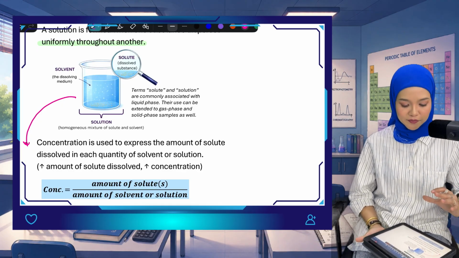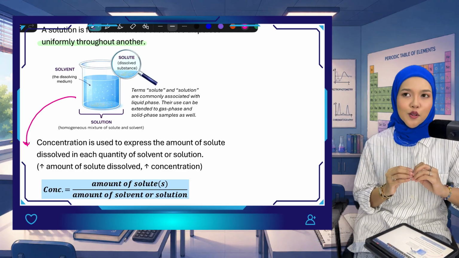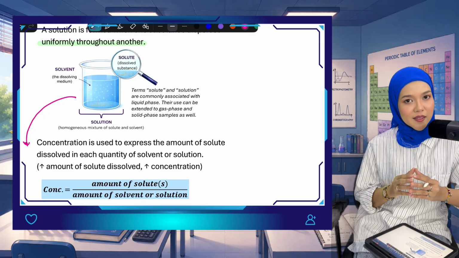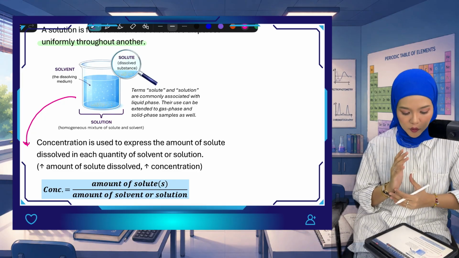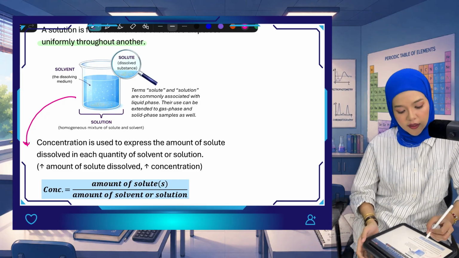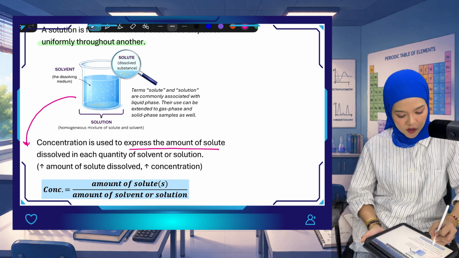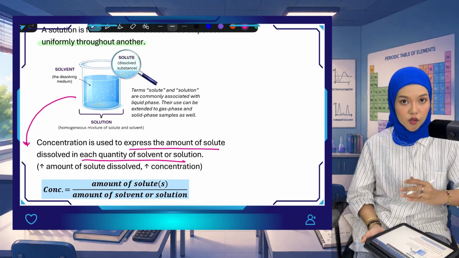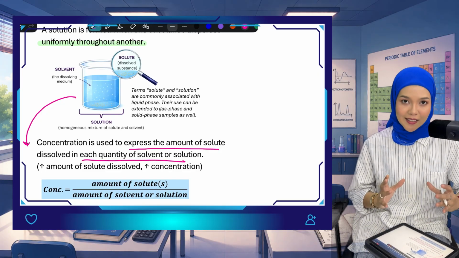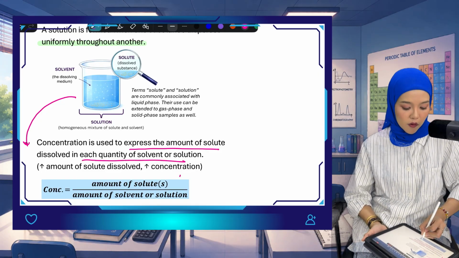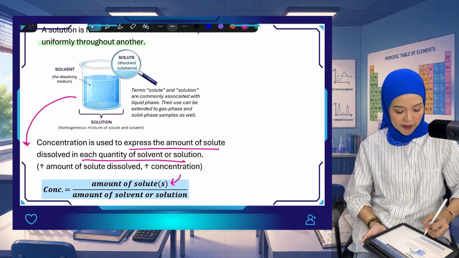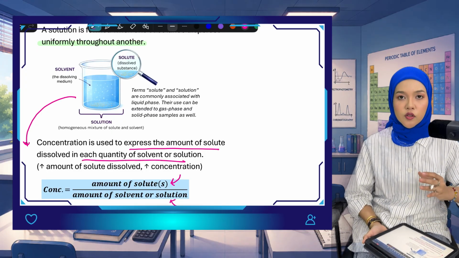Concentration. Now you want to know how concentrated a solution is. We can know this through the concentration unit, and you can express the amount of solute dissolved in each quantity of solvent or solution. Basically, concentration is the amount of solute divided by the amount of solvent or solution.